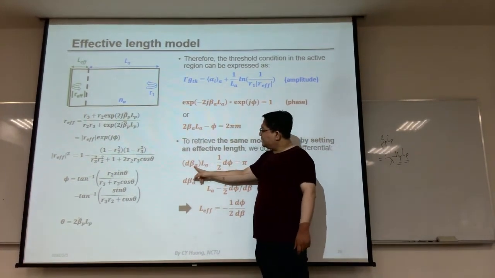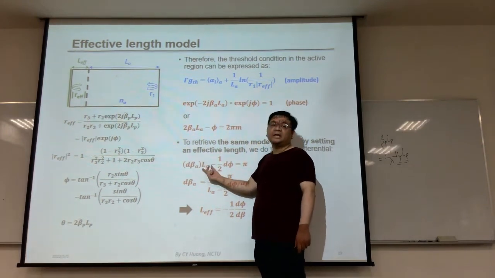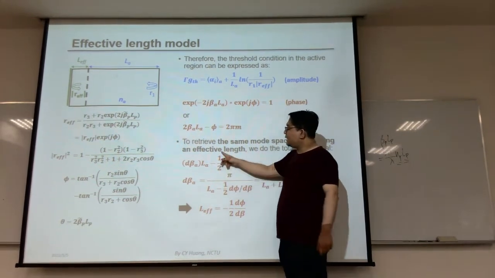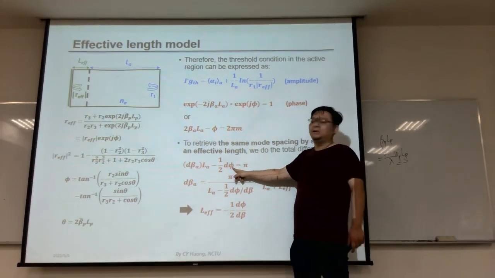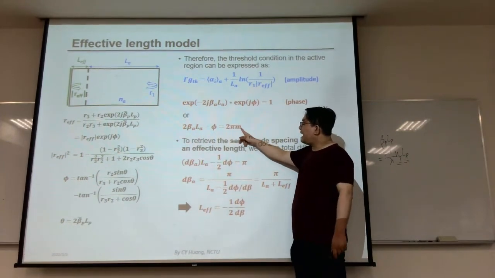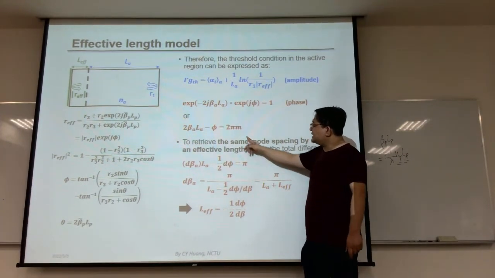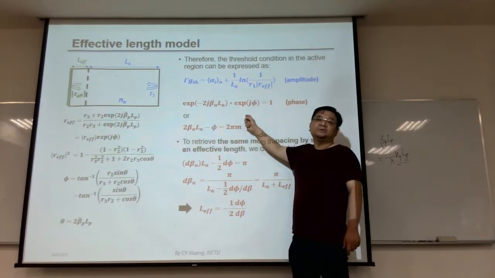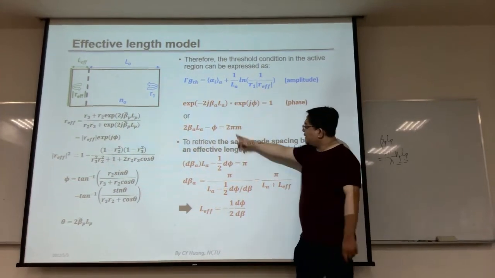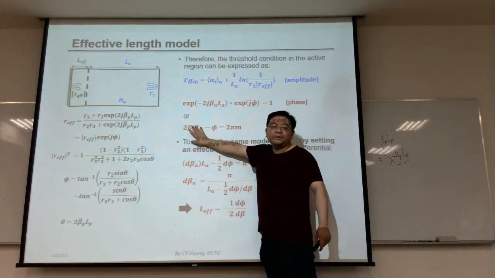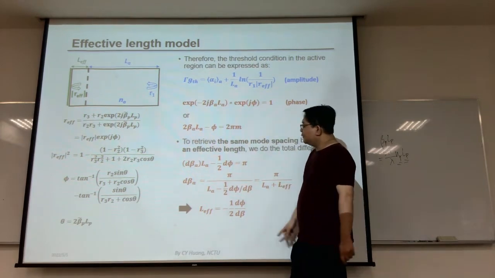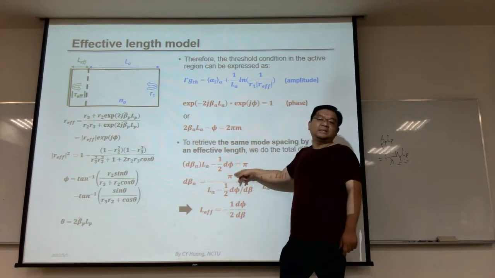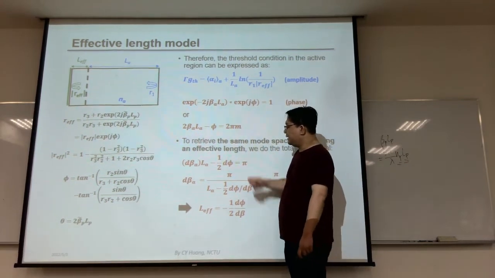Since LA is fixed, dLA is 0, so we only have d beta times LA minus half d theta equal to pi, since n can only be an integer, so dn is 1.